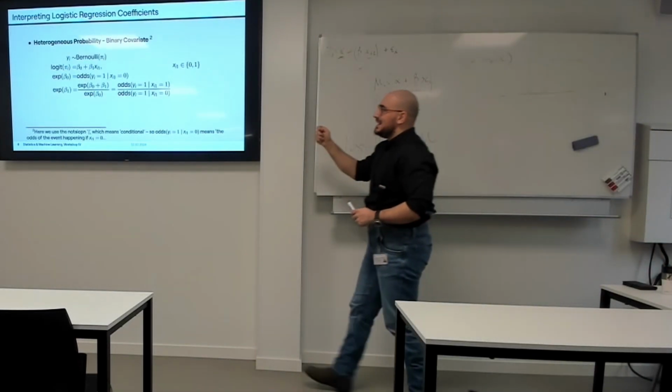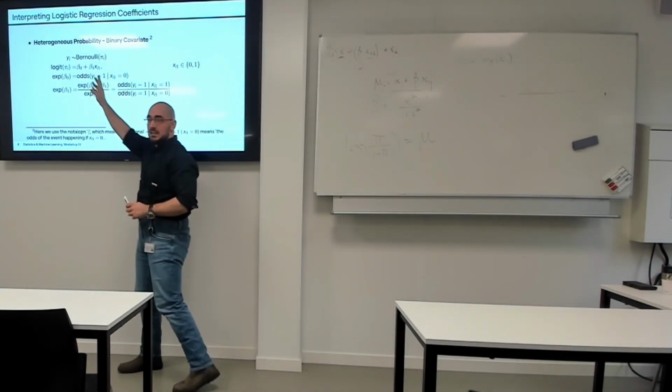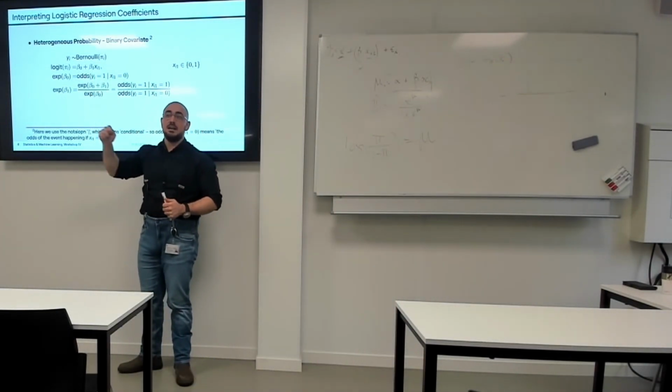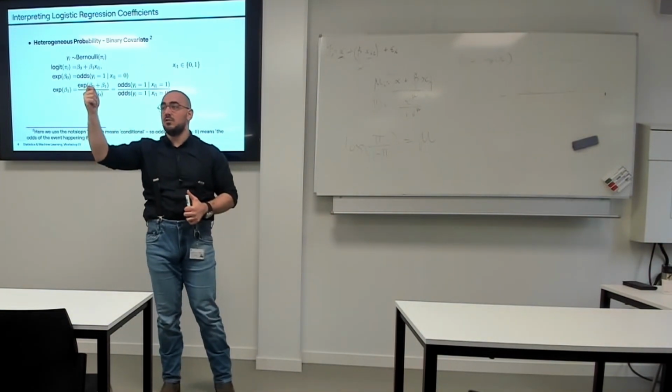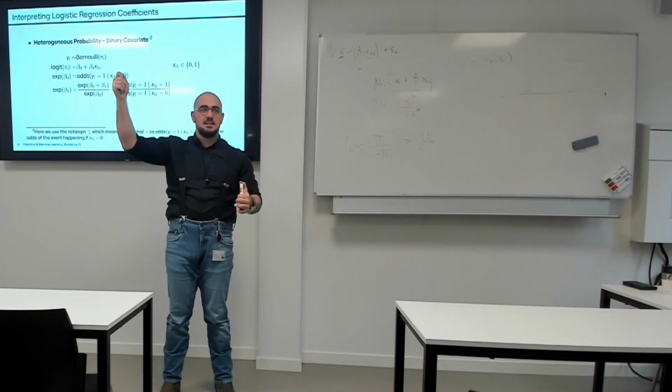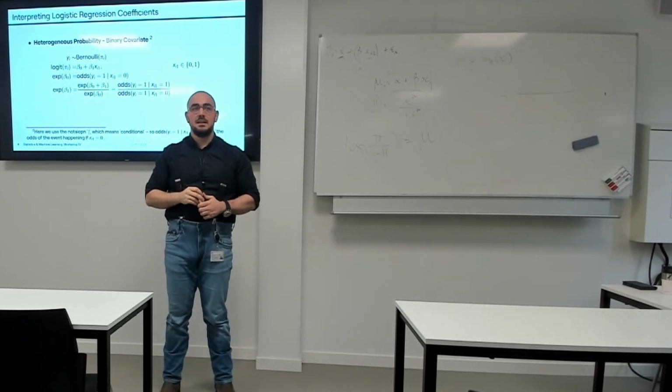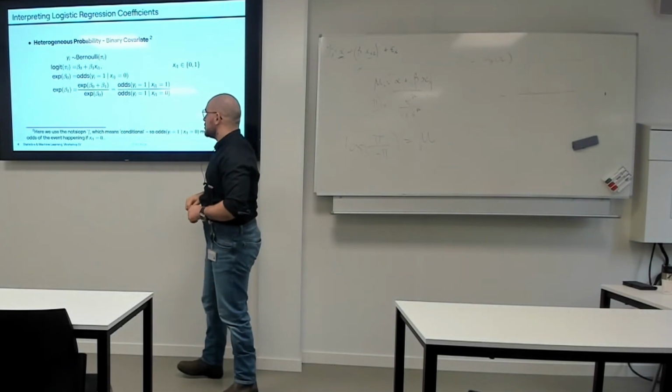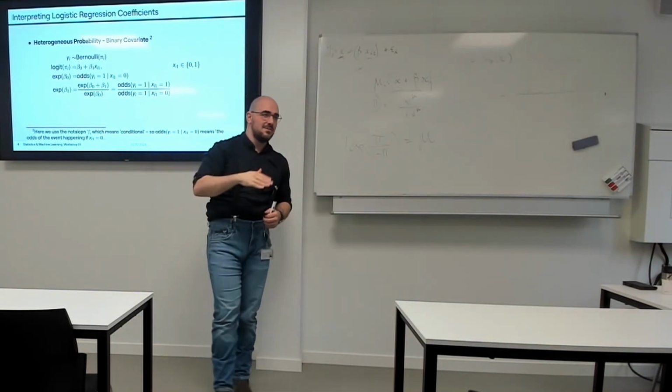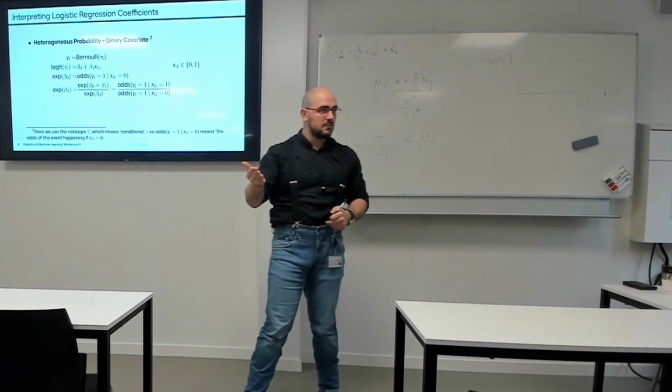Now we add a binary covariate to this logistic regression model. Do you know what I mean by a binary covariate? A binary covariate can take value either 0 or 1, right?